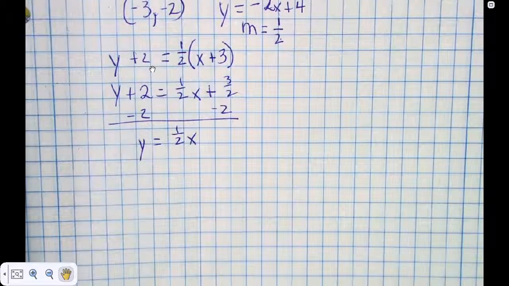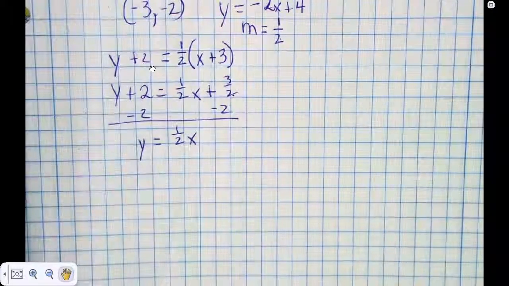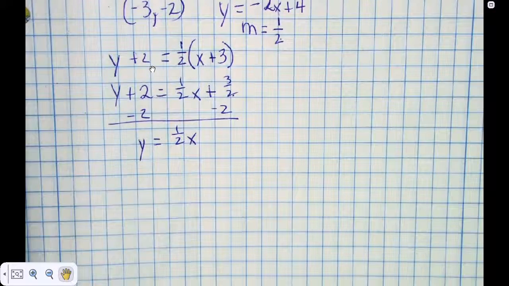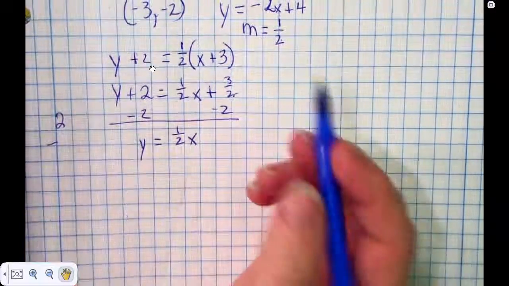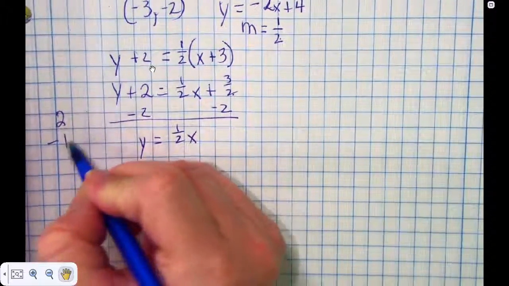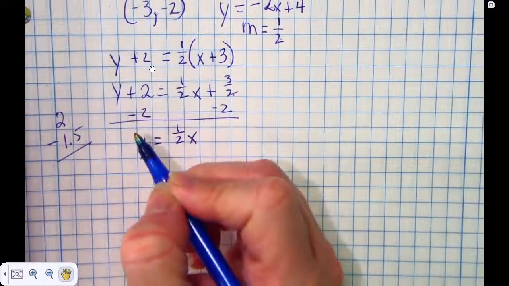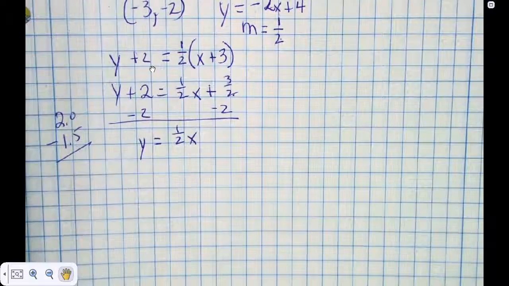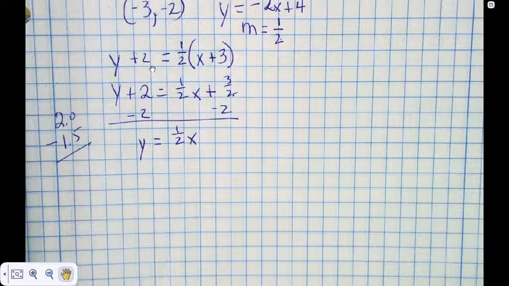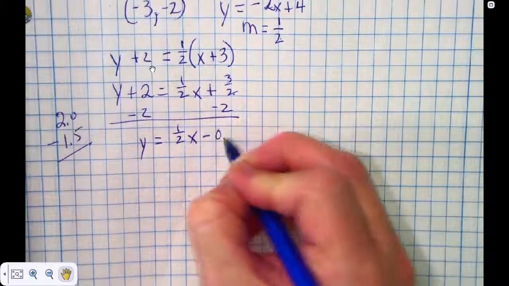Hey, how would you do that on the calculator? Tell me. 1.5 minus 2. You could turn that, or you could come over here and just go 2 minus 1.5. There's all kinds of things you can do. So it's going to be minus 0.5.